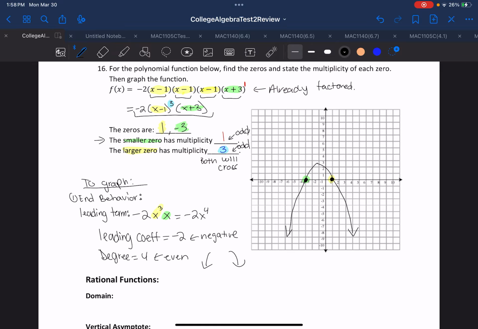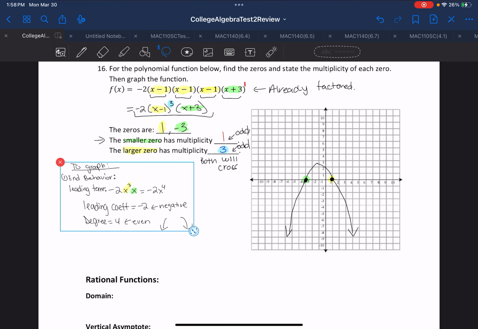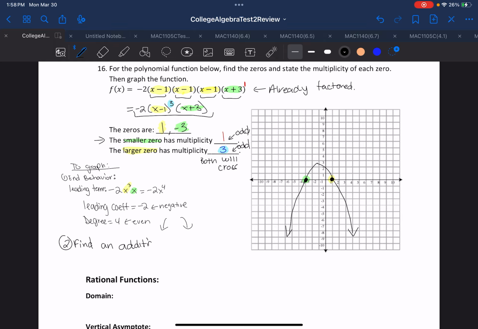And if you were graphing this on Pearson by hand, you would just want to find one more point between the two x-intercepts.